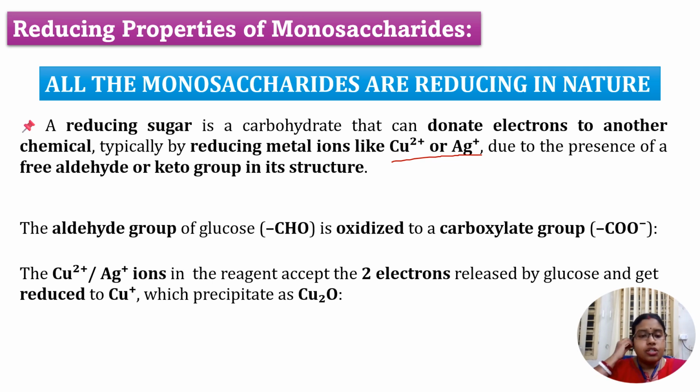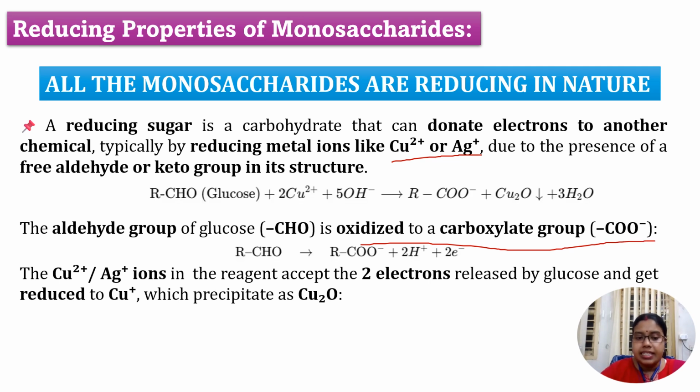The aldehyde group of glucose, RCHO, is oxidized to a carboxylate group, RCOO minus. So the aldehyde group is converted to the carboxylate group.